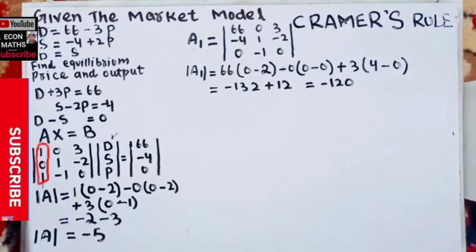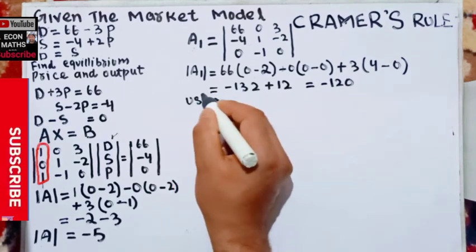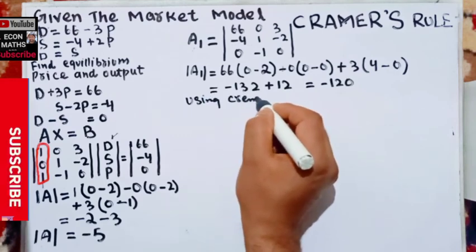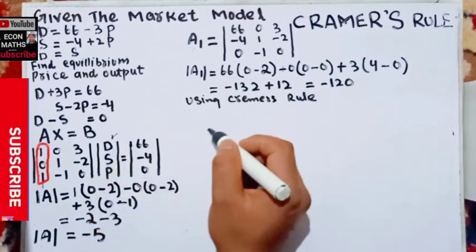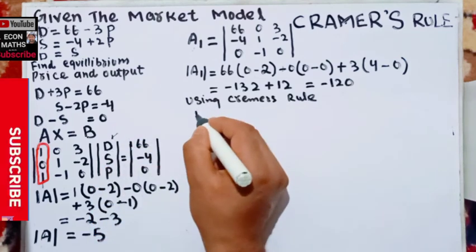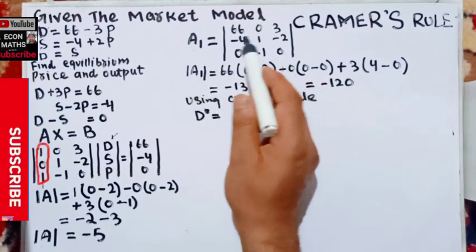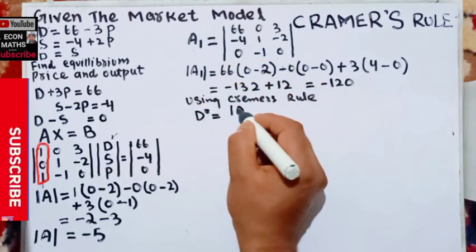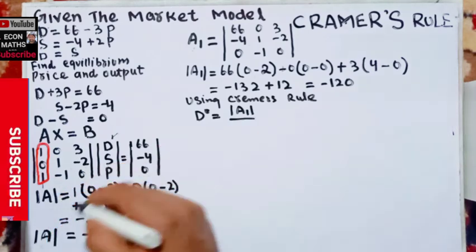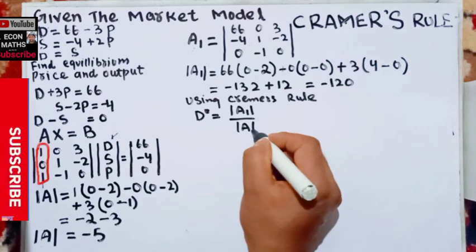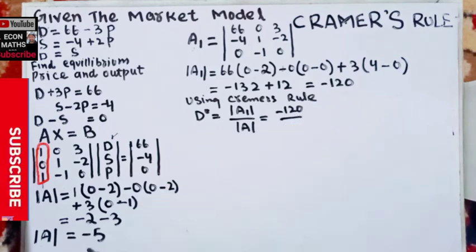Now here we will use Cramer's rule, that is, to solve for the first element, the value of this d, this is equal to the determinant of the new matrix, that is determinant of A1, divided by the determinant of the coefficient matrix, that is A. Here it is minus 120 and our A was minus 5.